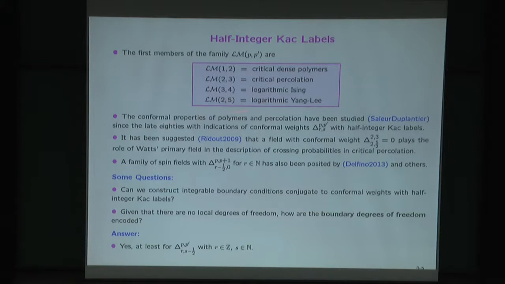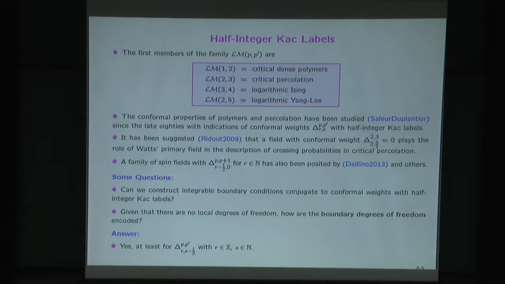In particular, looking at polymers and percolation, Saleur and Duplantier in the late 80s found indications that there are conformal weights with half-integer Kac labels R and S. And in 2009, David Ridout suggested that there is a special half-integer conformal weight that plays a role, as described by Watts, for the crossing probabilities in critical percolation.